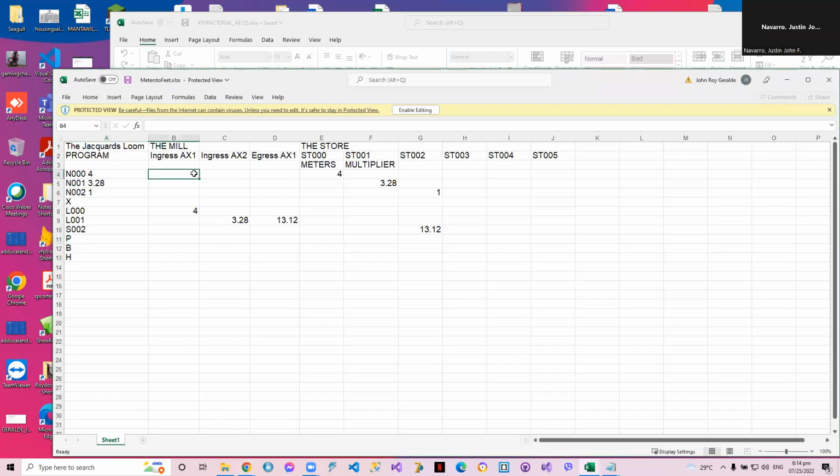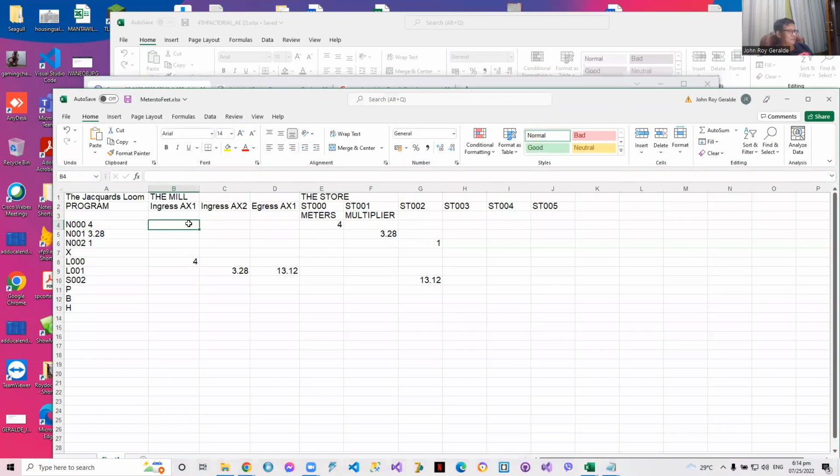So, i-erase natin. Meters to feet. How do you compute meters to feet? Multiply it by 3.28. Do you follow? For example, we would like to convert 4 meters to feet.